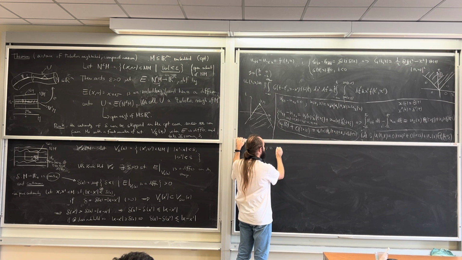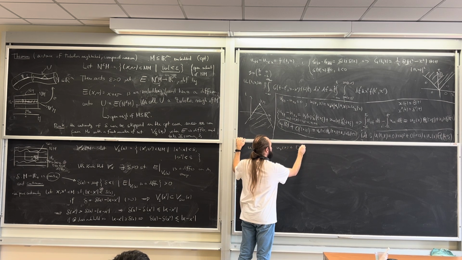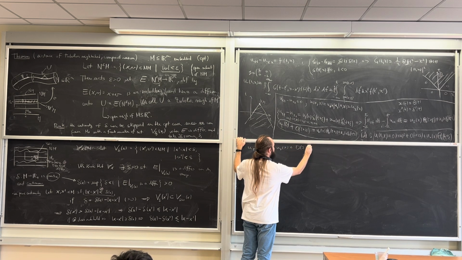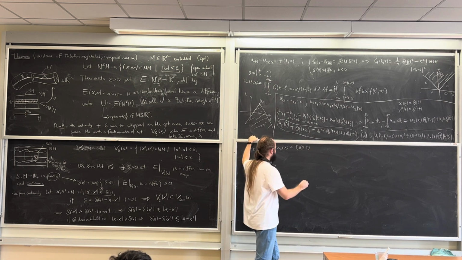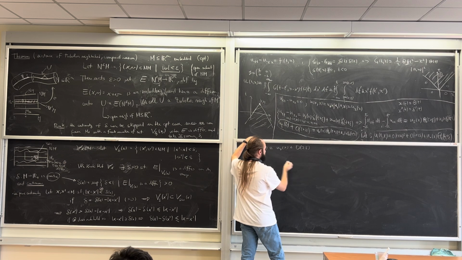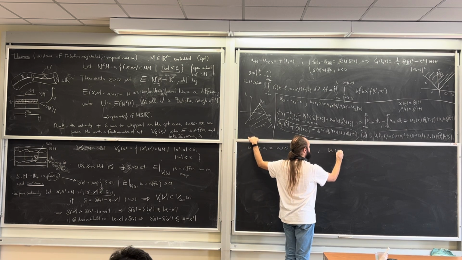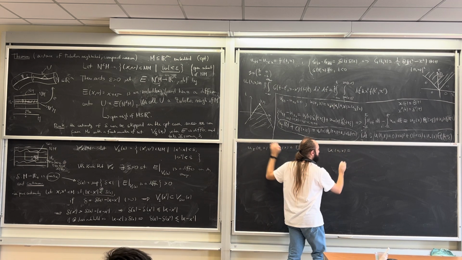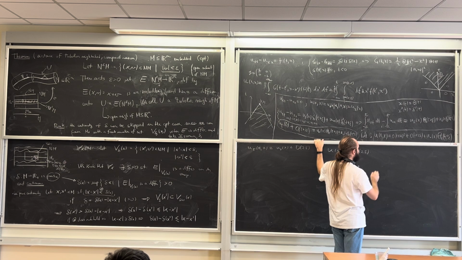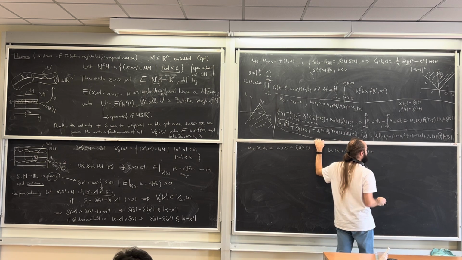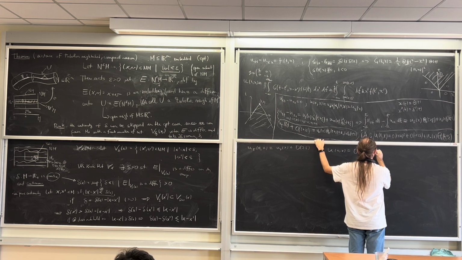So it is u1 of x plus big O of 2 epsilon. And u of 0 and x equals big O of 2 epsilon plus u0 of x.